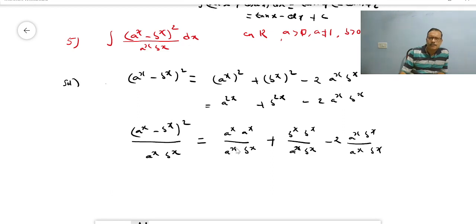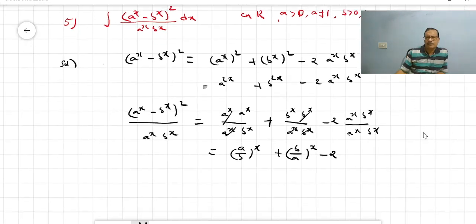Here a power x gets cancelled. Here b power x gets cancelled. Here both the terms get cancelled. A power x by b power x is a by b whole to the power of x. B power x by a power x is b by a whole to the power of x, minus 2.